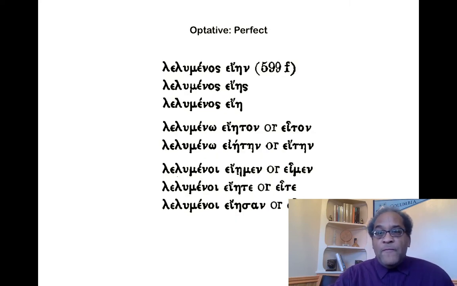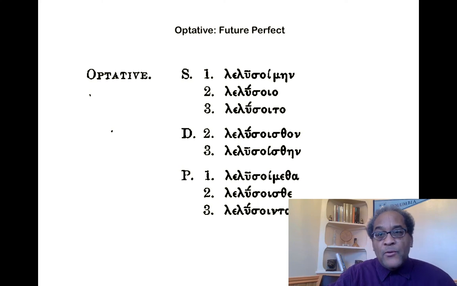Okay, now the perfect, as I said, is formed periphrastically. It's formed by using the perfect participle in either its singular or plural form, along with the optative forms of eimi, the verb I am or to be. And so we'll learn that down the road, but lelumenos eien, lelumenos eies, lelumenos eie, etc. Very easy to spot. And then the future perfect.